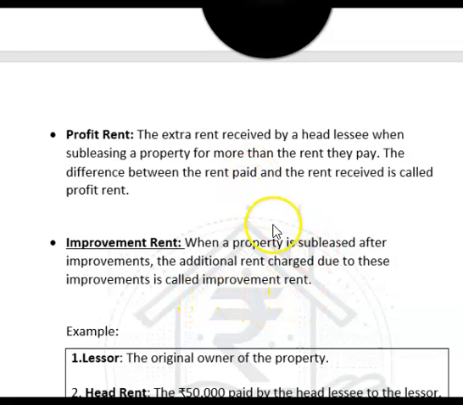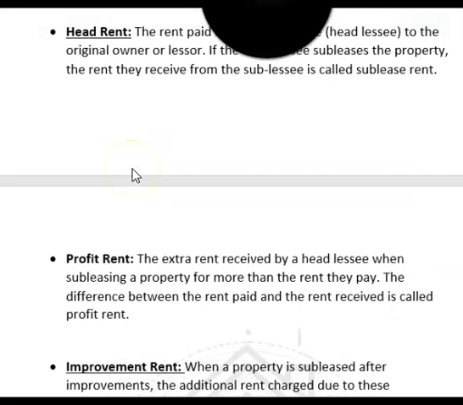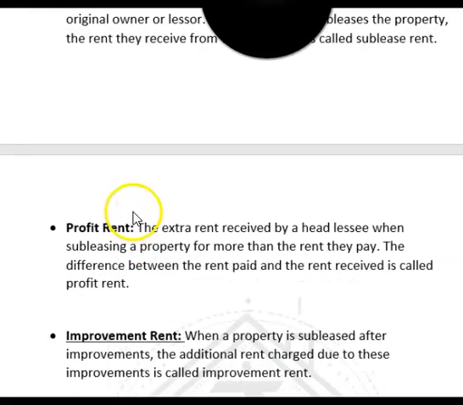The sub-lessee, who is receiving rent from the sub-lessee, that is improvement rent. The head lessee who is taking rent from the sub-lessee, that is improvement rent. All three are very important: profit rent and improvement rent. One mark MCQ came in my exam.